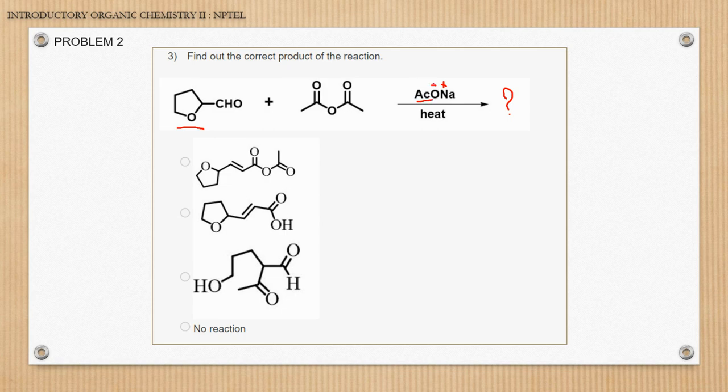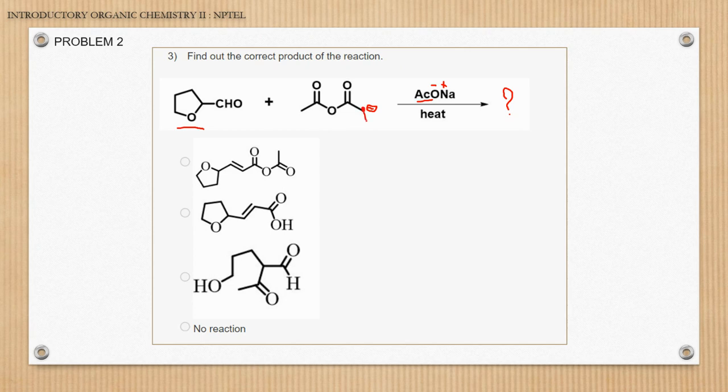So what will a base do in this reaction? Abstract a proton. Yes, abstract the acidic proton. Which is the acidic proton here? It will abstract the proton of the anhydride.